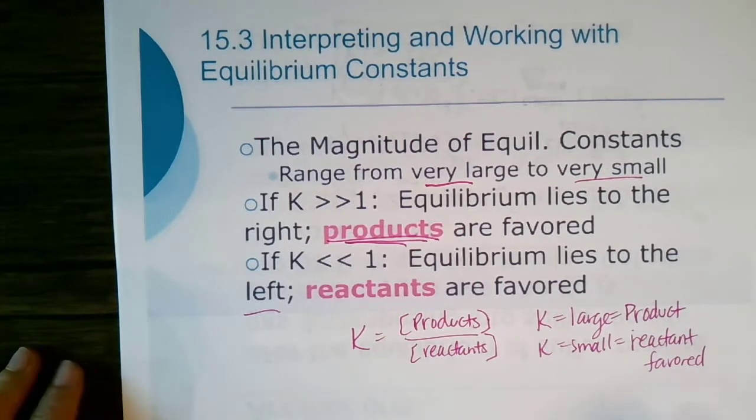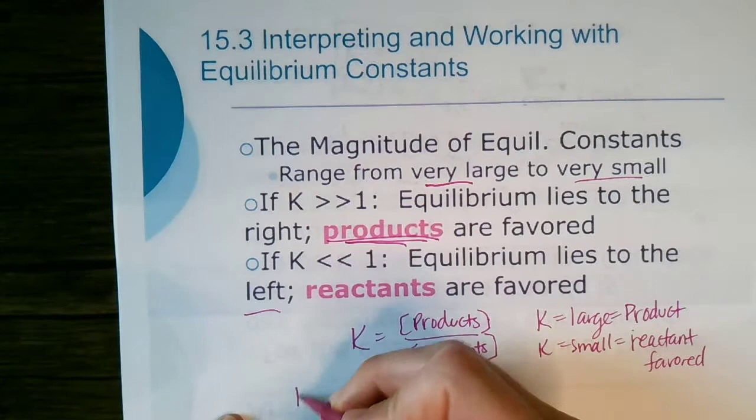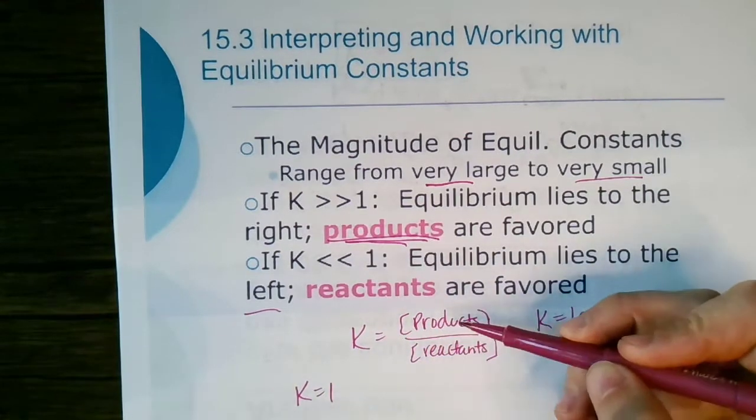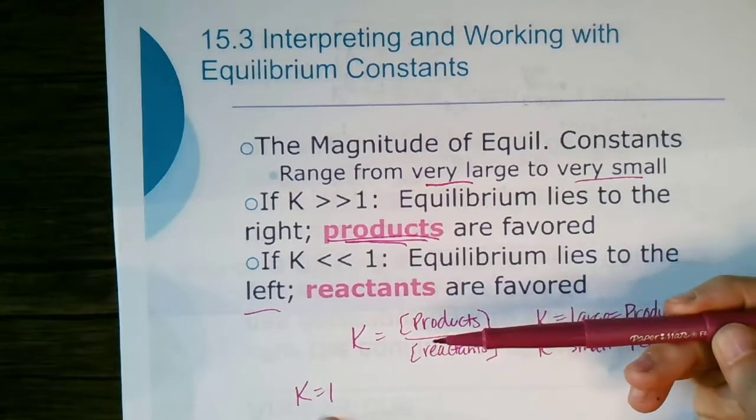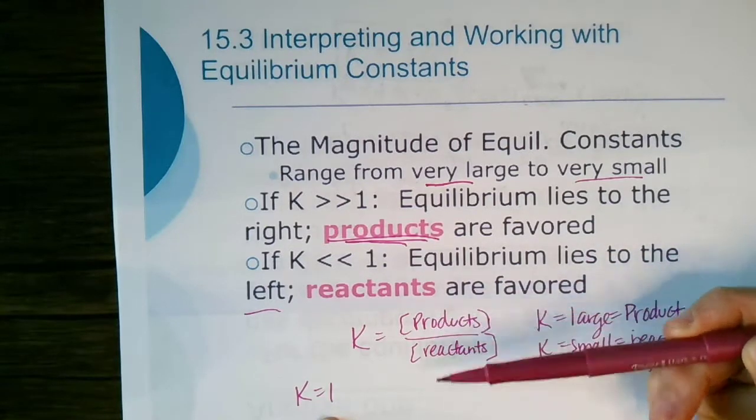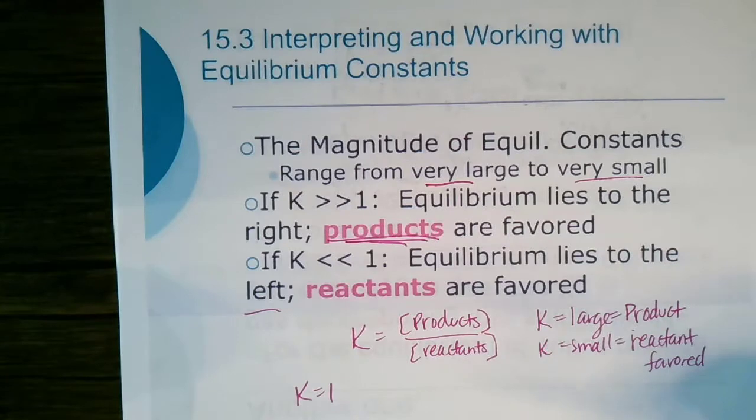Now, if K is equal to 1, if I'm dividing two numbers, how would I get 1? Well, we would need very close to the same number on top and on bottom. So we would have about equal number of products and reactants.